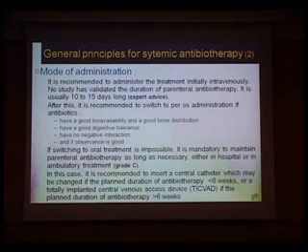It is recommended to administer the treatment initially intravenously. No study has validated the duration of parenteral antibiotherapy. It is usually 15 days long. After this, it is recommended to switch to oral administration under the condition that antibiotics have good bioavailability and a good bone distribution, have no negative interaction with other drugs, digestive tolerance, and a good observance.